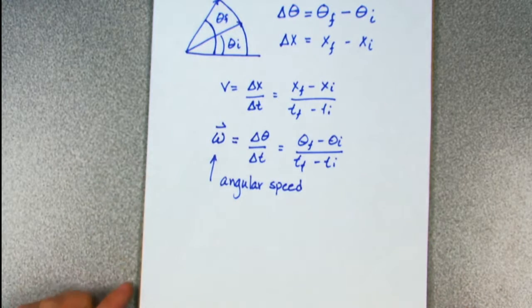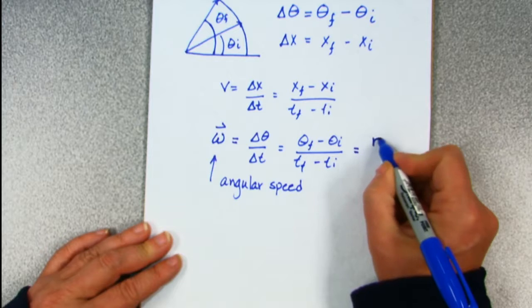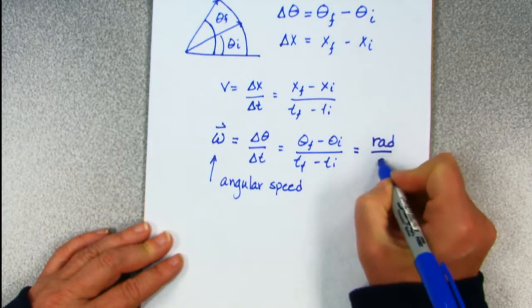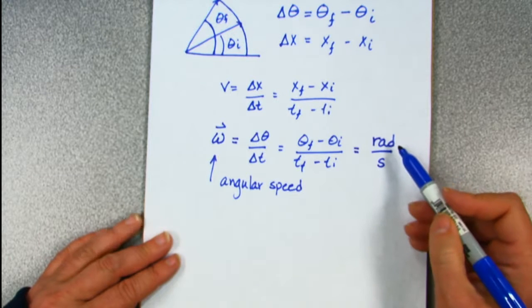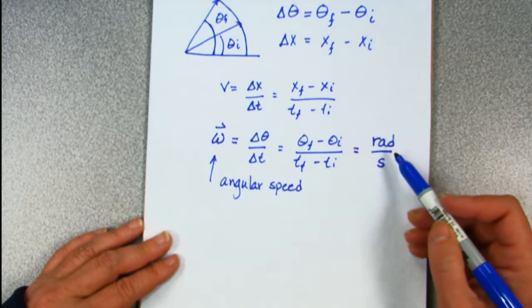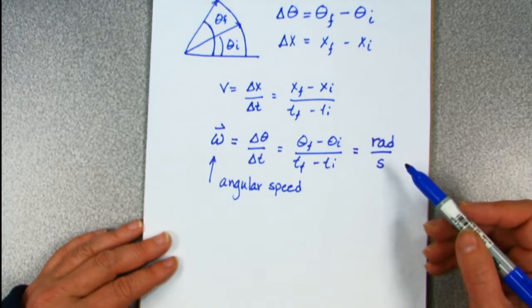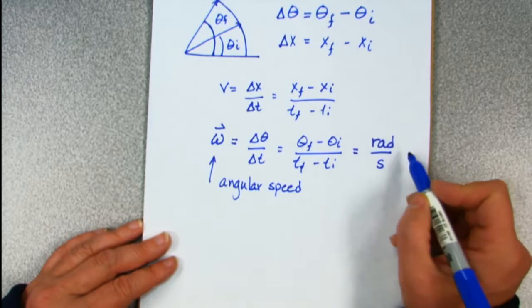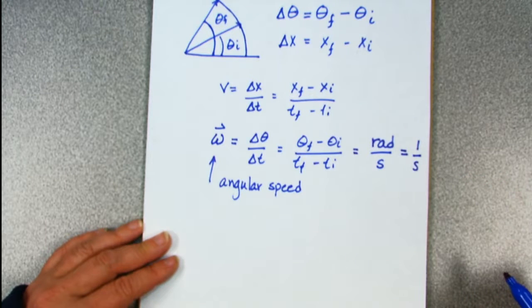Now, a lot of you have seen omega before, because let's look at the units. Right now, if I talk about this, I have radians per second. Typically, because radians is a ratio, we don't necessarily write out that unit. And radians will actually go away, and this is 1/seconds.